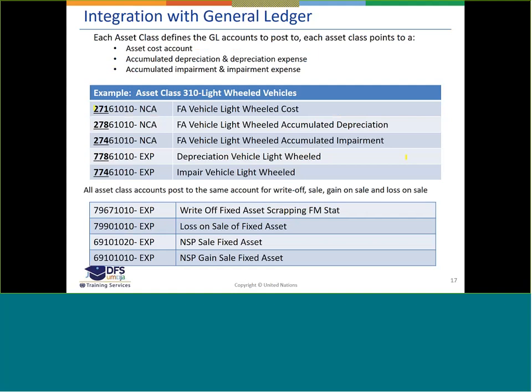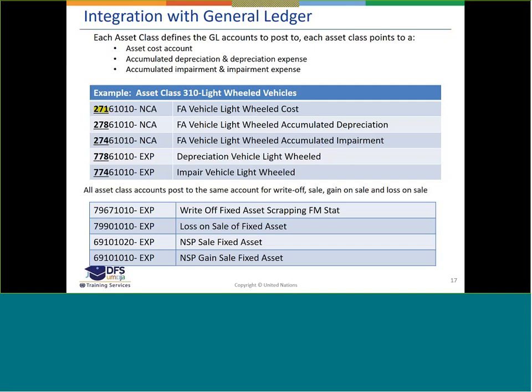So you have one GL and there is a numbering convention or a code that will help you to identify them. So GLs starting with 271 are for the cost of the assets. Right?